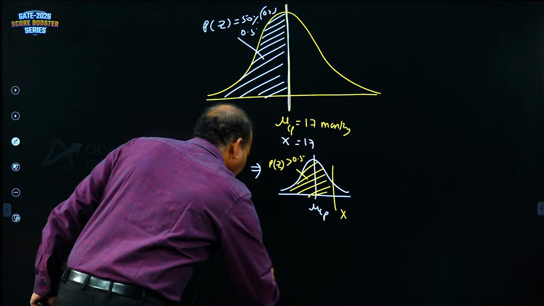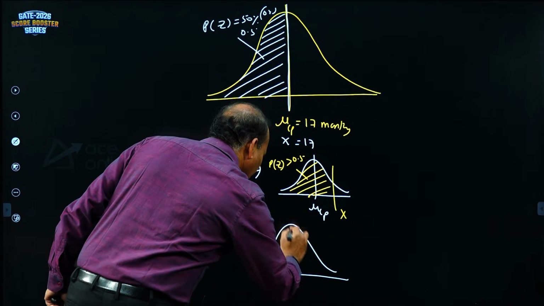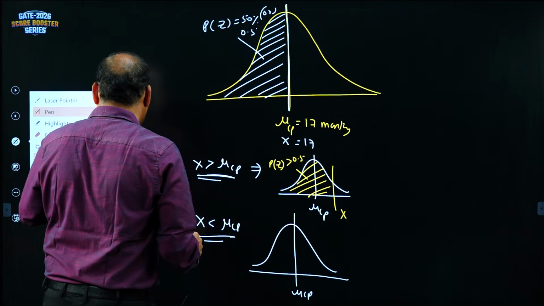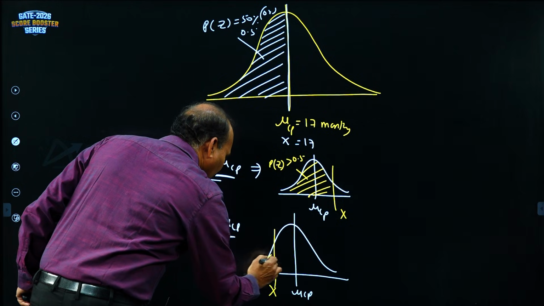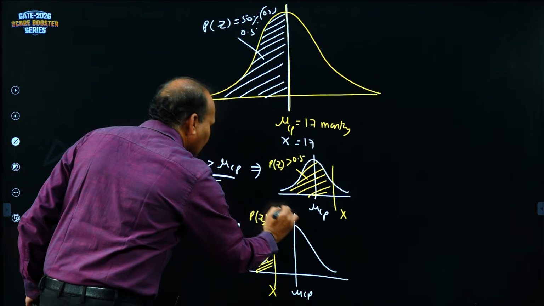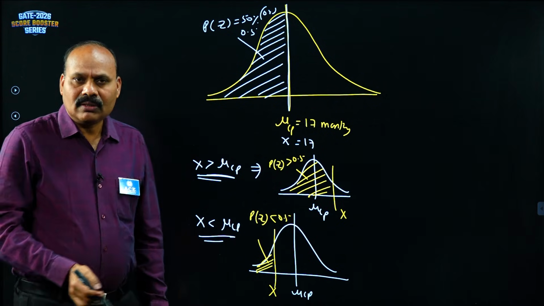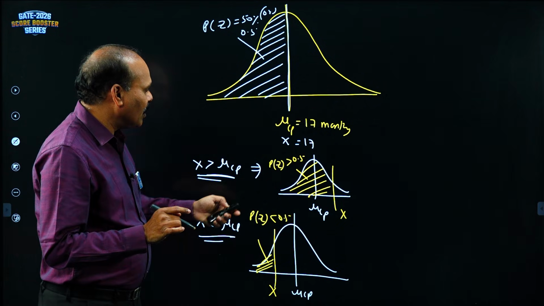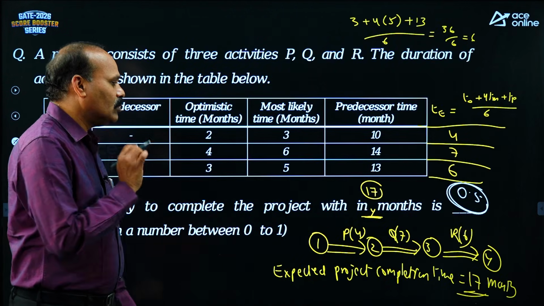Critical path is a reference always. This is mu, x value on the left hand side. What is the probability of completion? Less than 50%. Okay, here actually given 17 months, so exactly matching with the critical path duration. What is the probability value? 0.5.